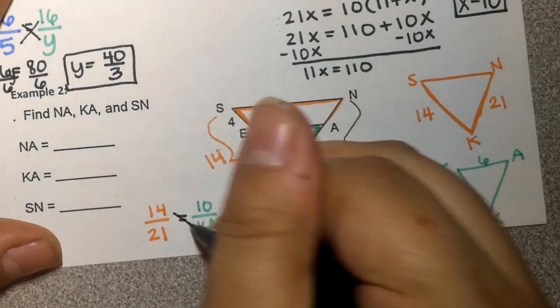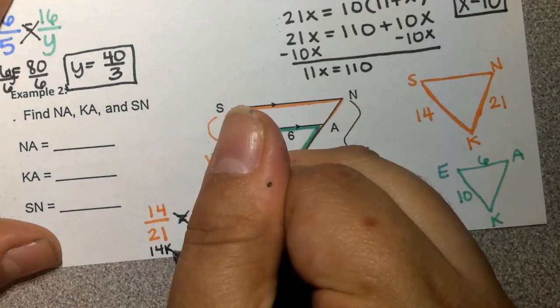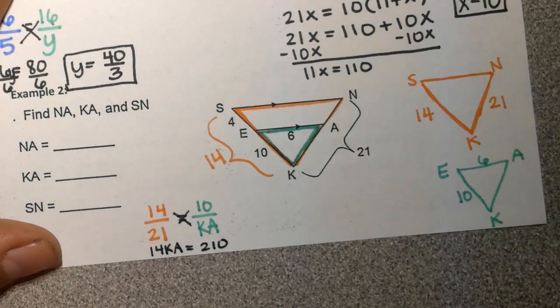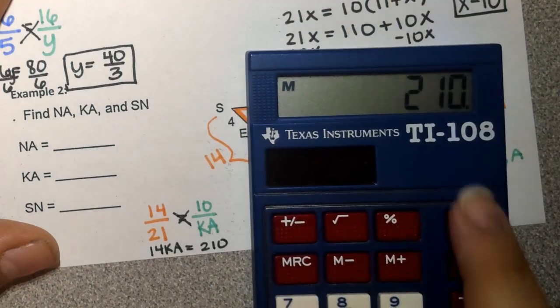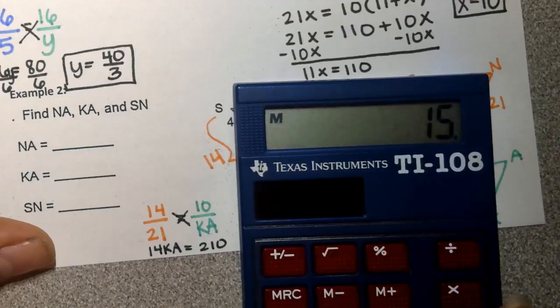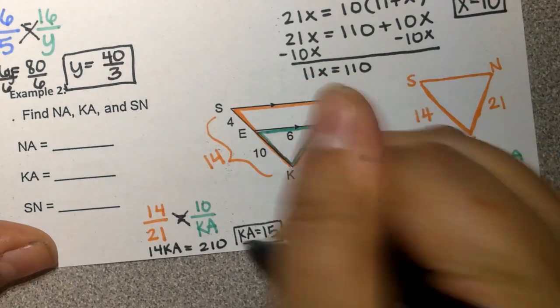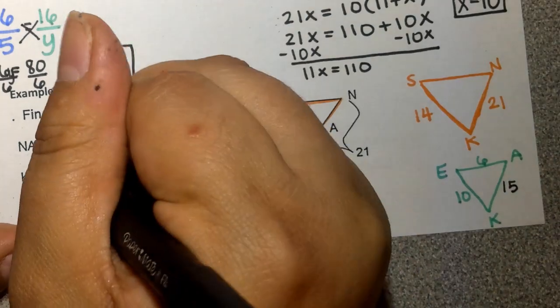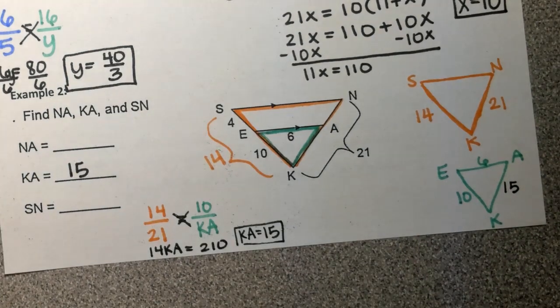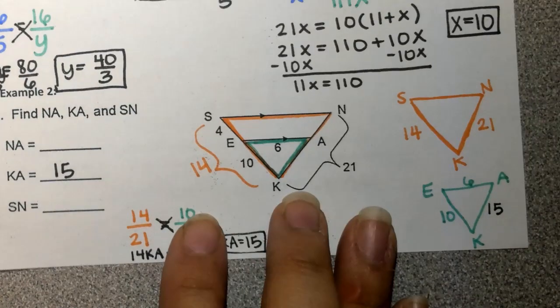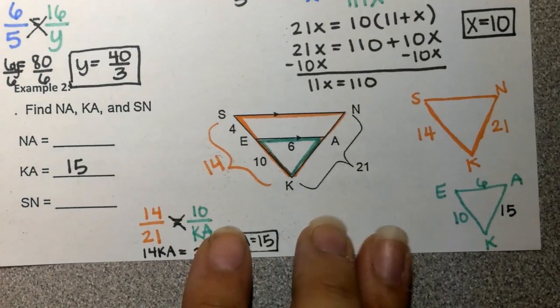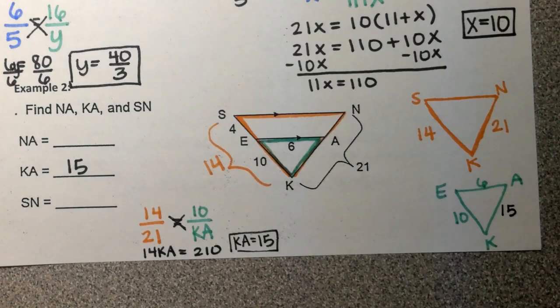Alright, if I cross multiply, I get 14KA equals 210. 210 divided by 14 is 15. Yeah, I wrote really tiny, sorry. All right, what else do I need to find?